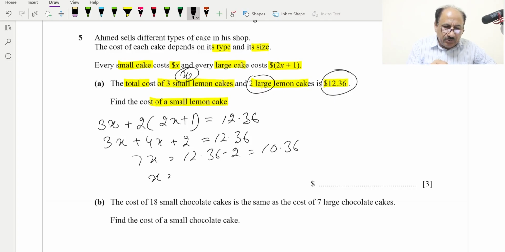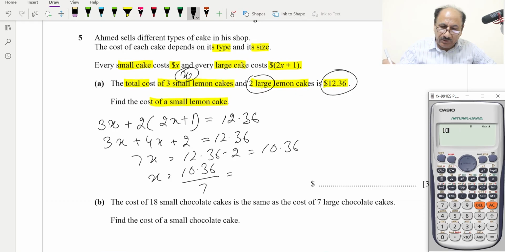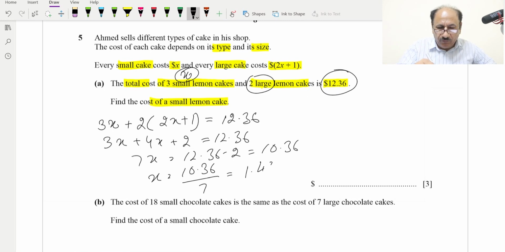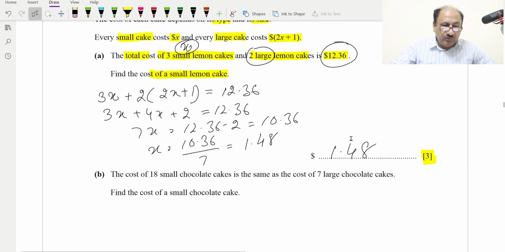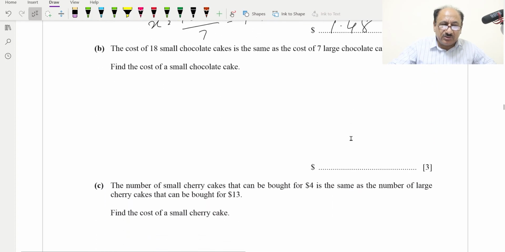So x is equal to 10.36 divided by 7, which is 1.48. The answer is $1.48. This is 3 marks. If you make a mistake in forming the equation, then it will be a problem. Otherwise it's a straightforward question.